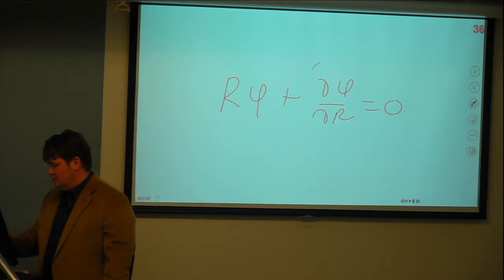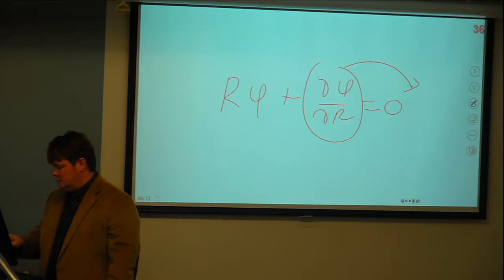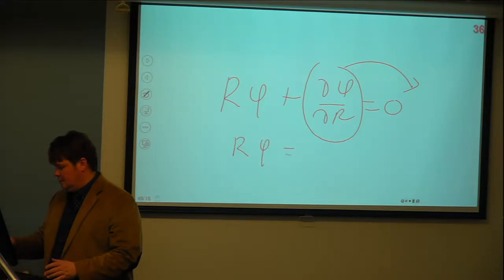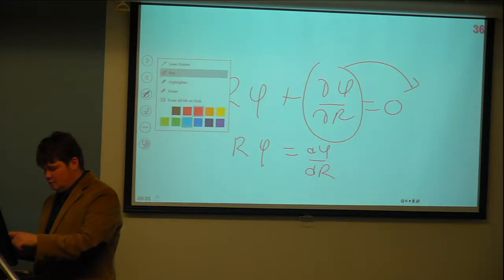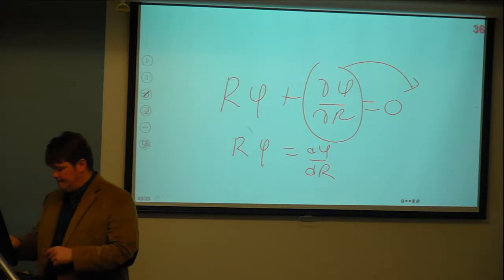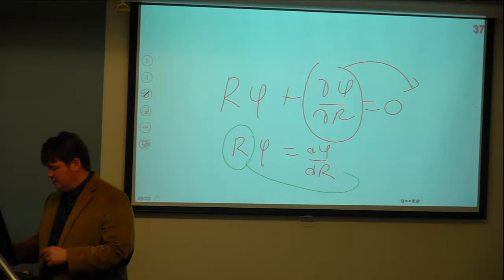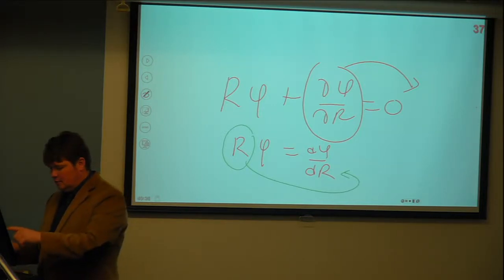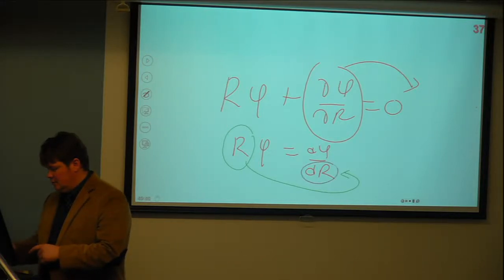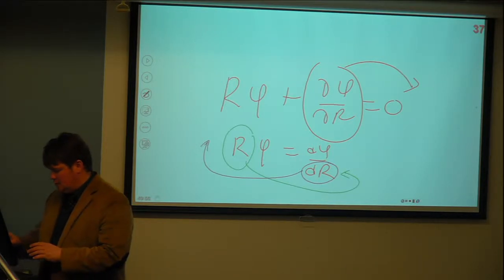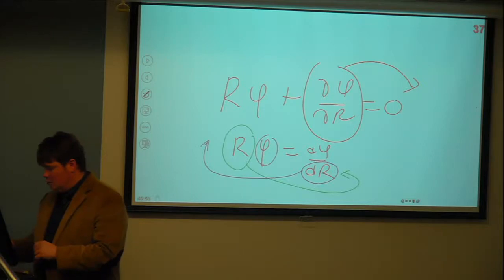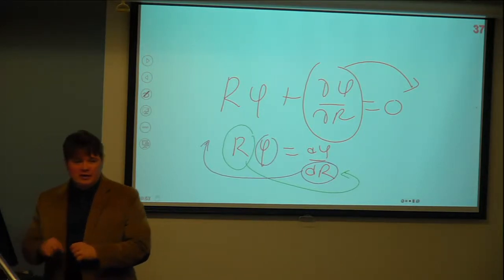You can bring the derivative to the right side: r phi equals minus d phi dr. So now we can divide both sides by the wave function and multiply both sides by the increment of the variable.